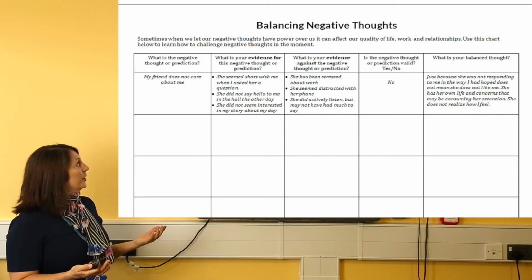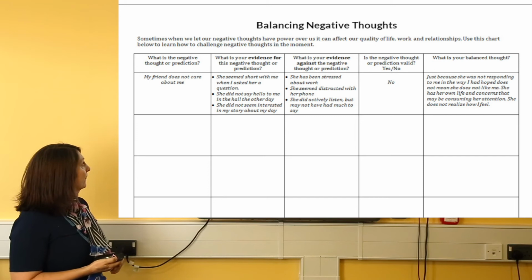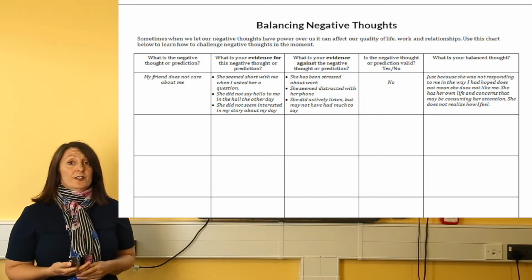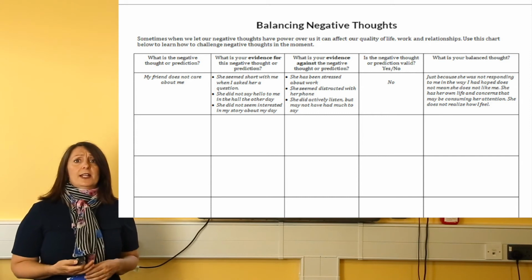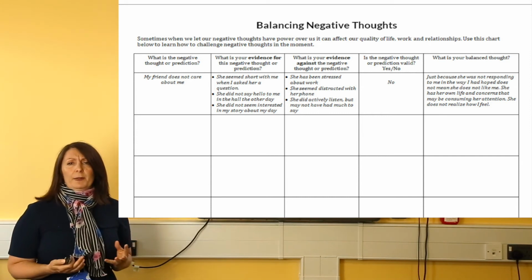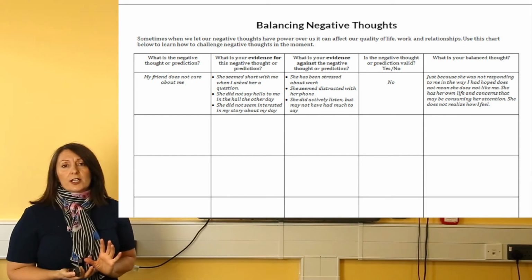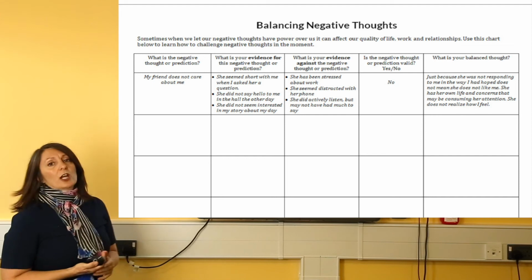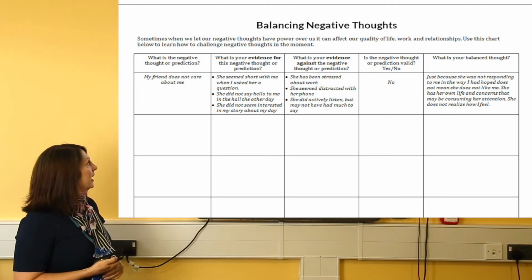They may be able to name what negative thoughts they're having, and that could be a variety of different things. Often the key themes could be around relationships, friends, and those key threats we thought about earlier: not feeling good enough, fear of failure, fear of rejection. All of those could go in at the beginning of this balancing the negative thought exercise.